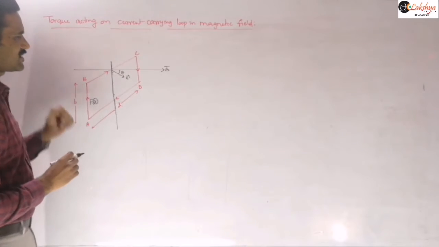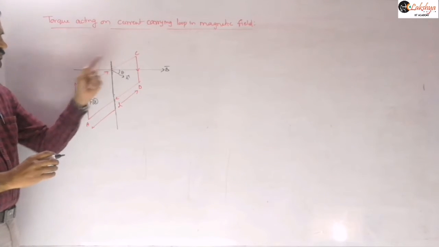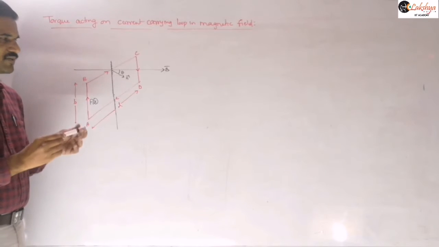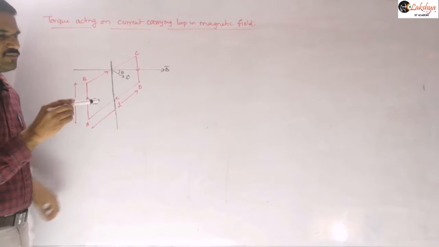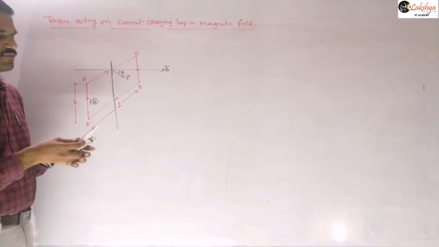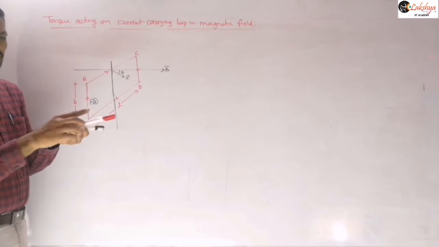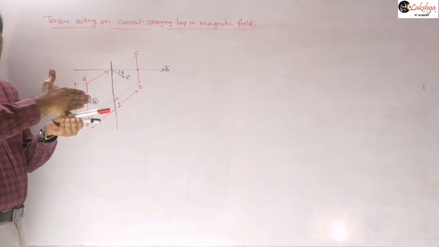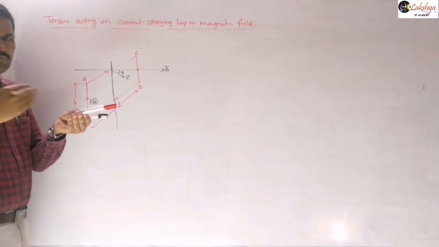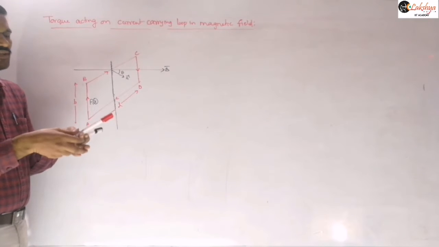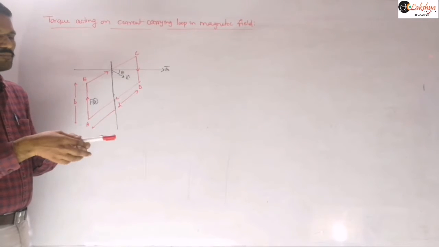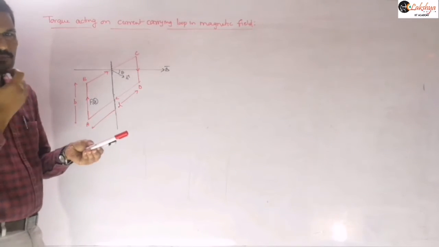Next, let us consider the magnetic force acting on the BC part. The magnetic field is along this direction, and the BC side is like this. To find the force, you may find the component, or you may apply the cross product rule, L bar cross B bar.